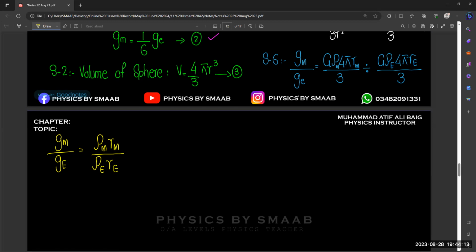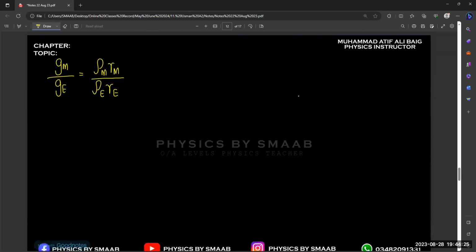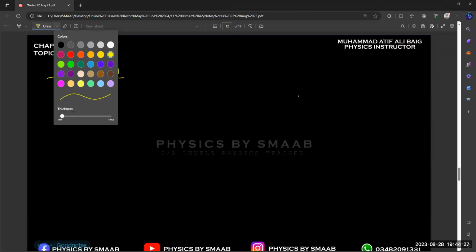Clear? Yes. And now we need to shift the values because we know that we need to find the ratio between Rm and Re. So we just cross multiply the thing. So your answer will be, you know that we need to cross multiply the equation.